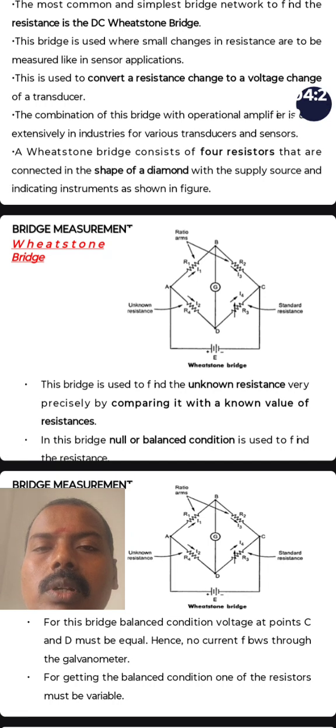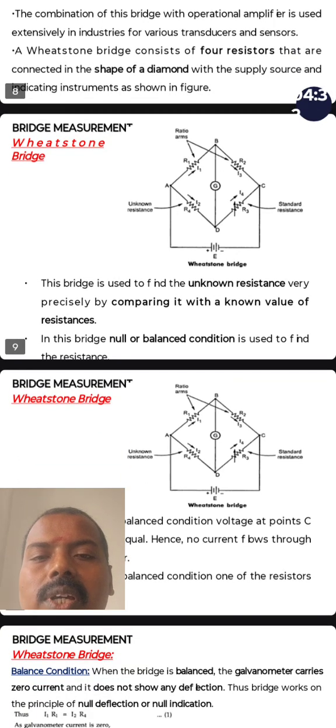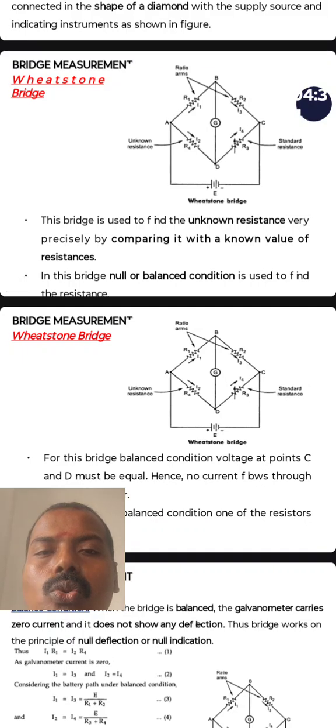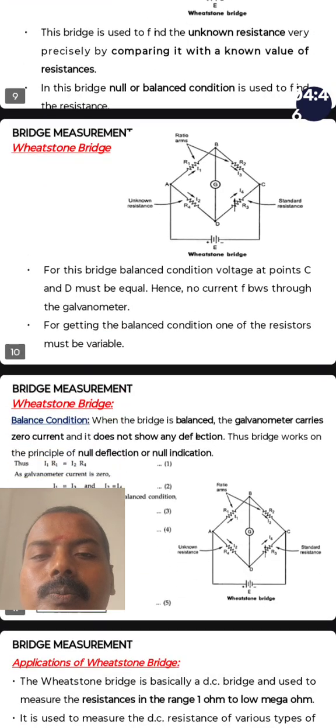Normally the Wheatstone bridge consists of four resistors connected in the shape of a diamond, with the supply source and indicating instrument, as shown in the figure. This bridge is used to find an unknown resistance very precisely by comparing with a known value of resistance, and also the null or balanced condition is used to find the value of resistance.